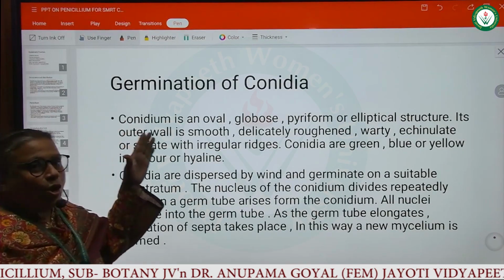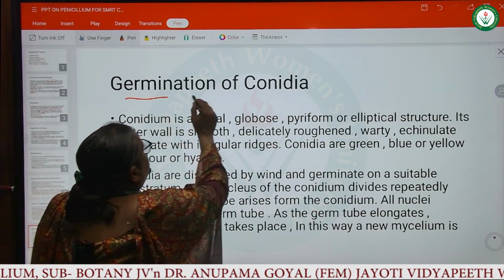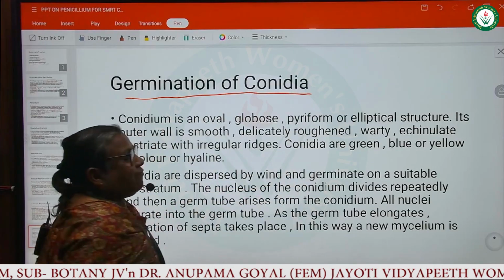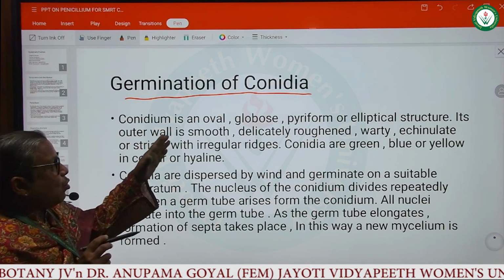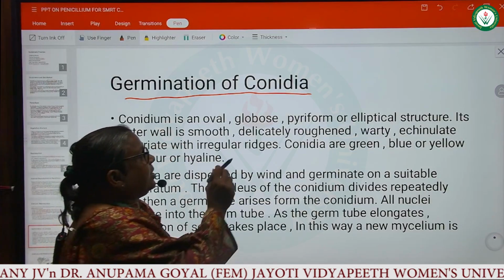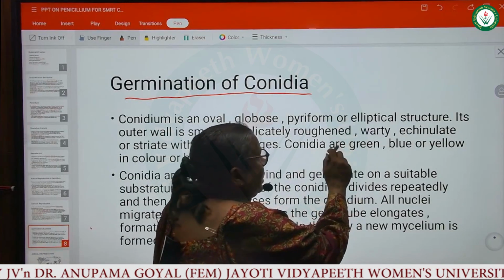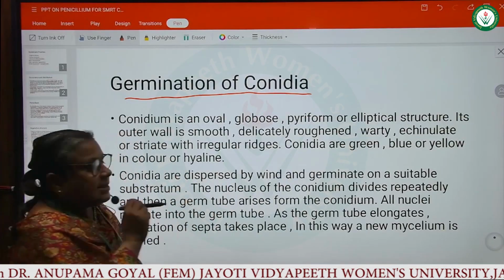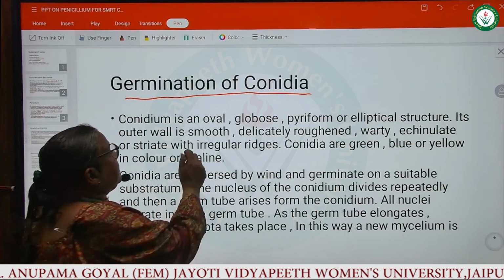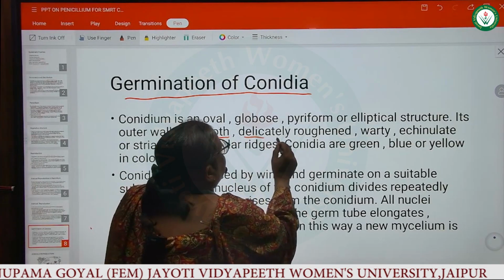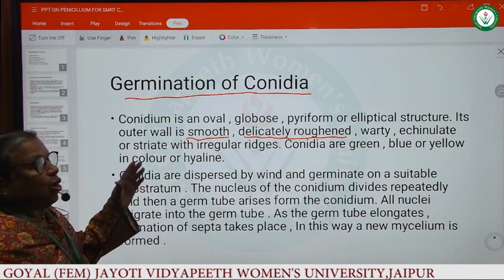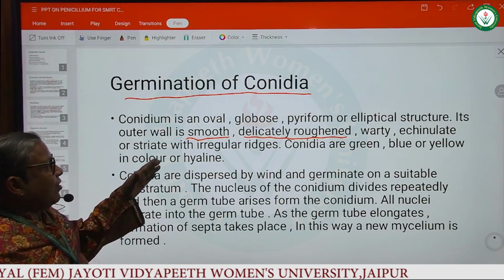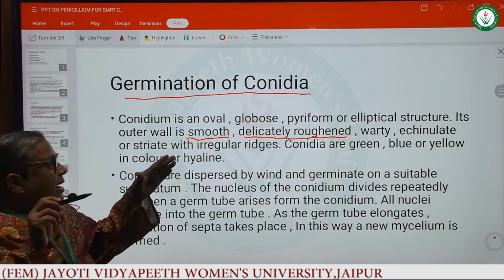Now, I talk about the germination of conidia in the fungus Penicillium. The conidium is an oval, globose, pyriform or elliptical structure. Its outer wall is smooth, delicately roughened, verticillate or striate with irregular ridges.